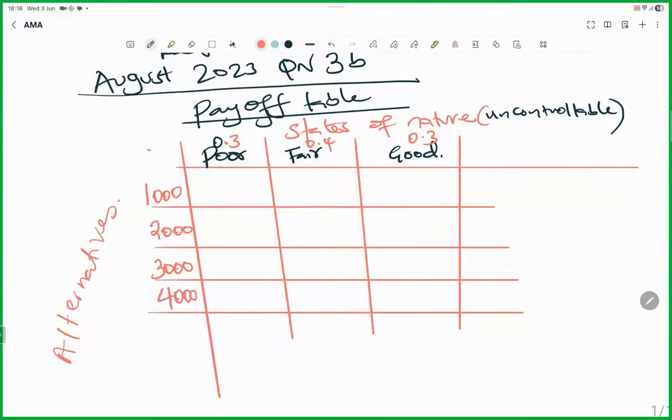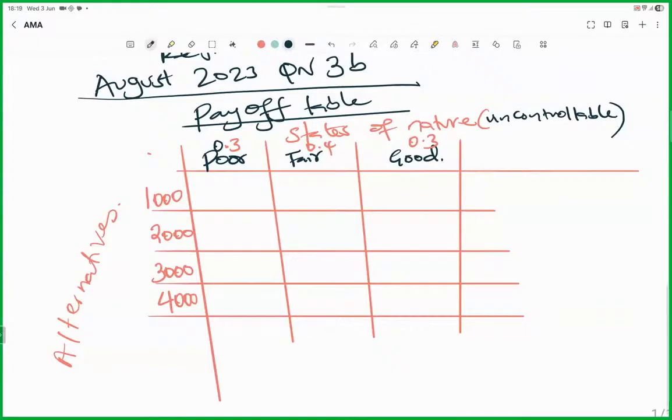Very good. So here the examiner was gracious and gave us the profits directly. But nowadays, the examiner can never give you these profits. The examiner would want you to calculate the profits.